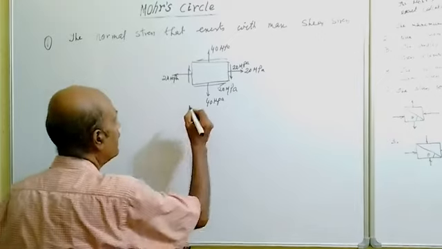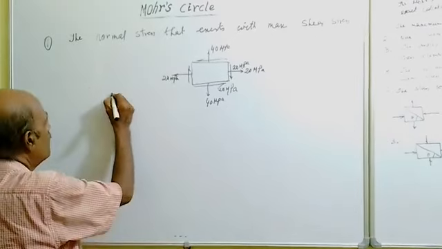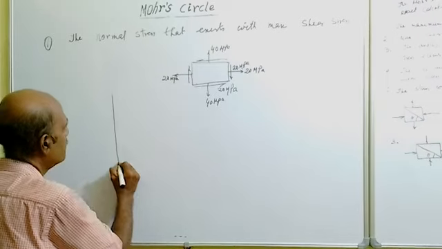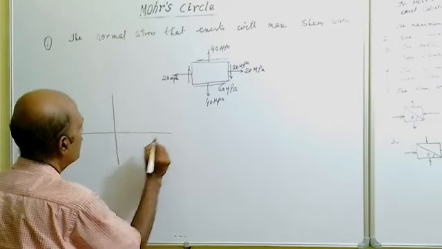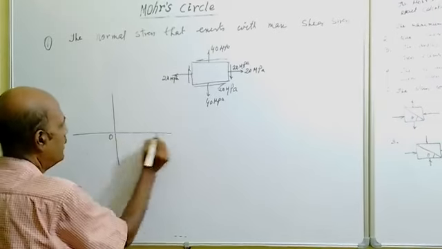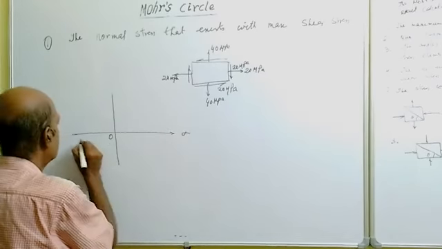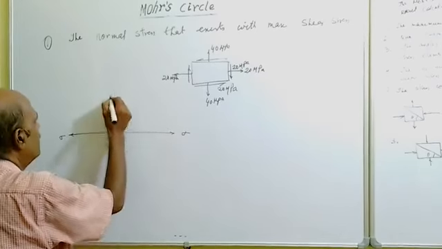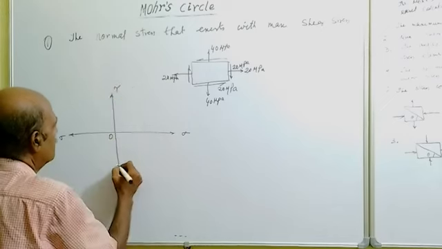So to find this, draw the Mohr circle. Okay, so draw the axis. This is the origin, sigma axis, and this is tau axis.